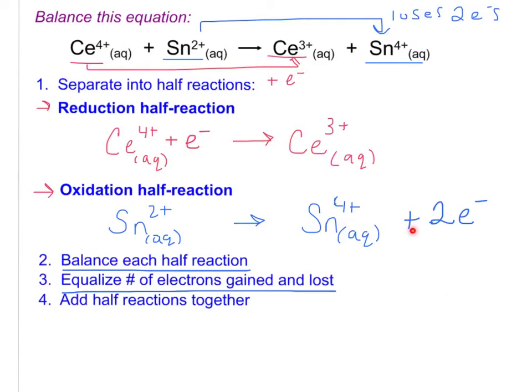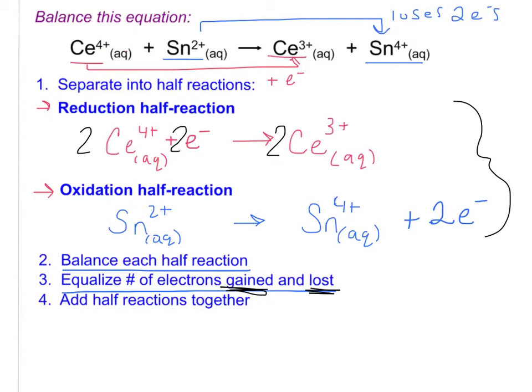We are going to equalize the number of electrons by simply multiplying this entire equation by 2. We're doubling that. That way, both of these can be combined together and will have equal numbers of electrons on each side. There will be an equal number gained and an equal number lost.